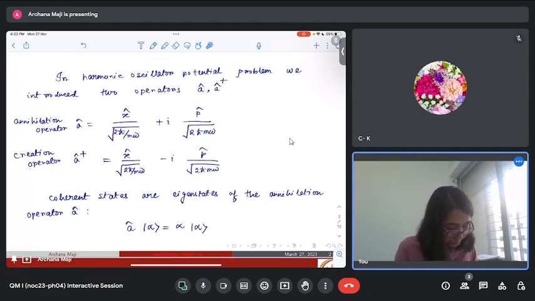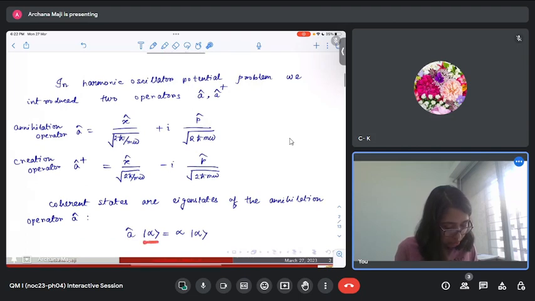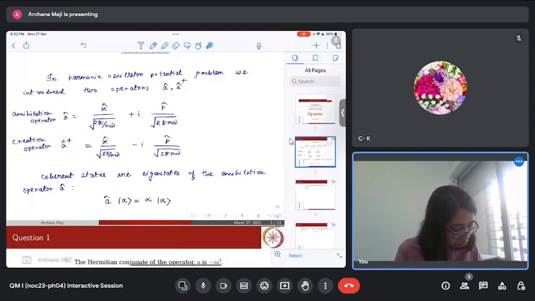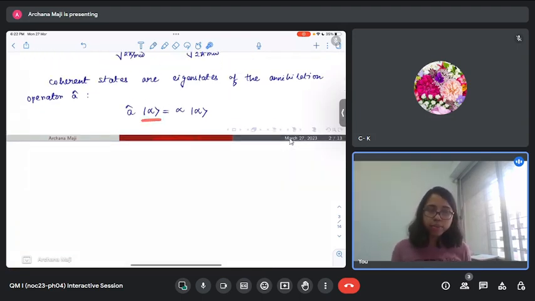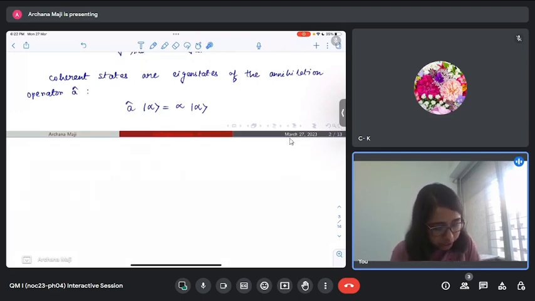Now, what is the form of these coherent states? What do they look like? Any state we can write as a superposition of the basis states. Now in the harmonic oscillator, what are the basis states?